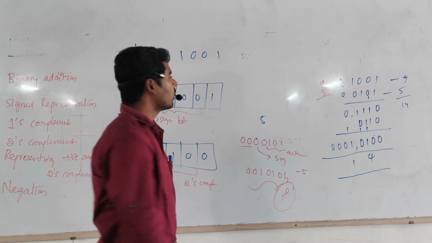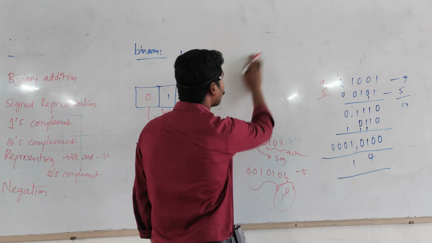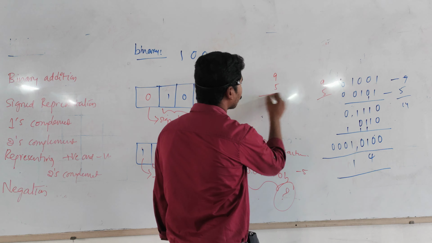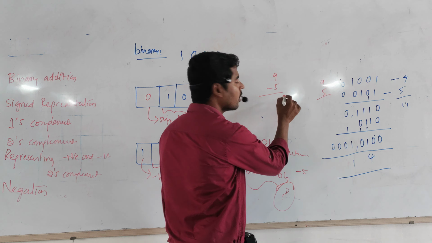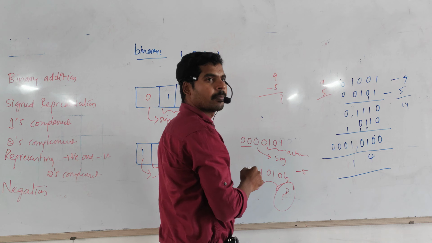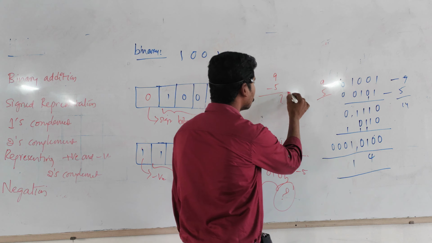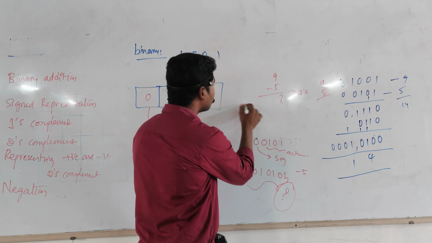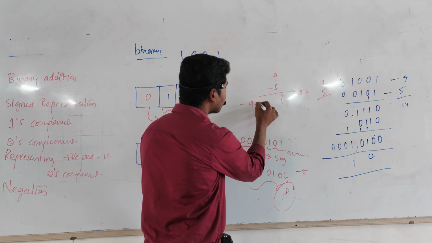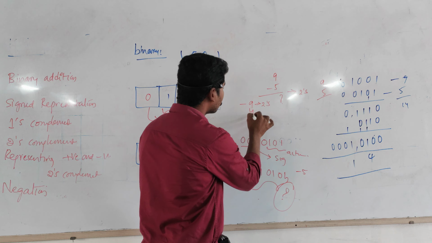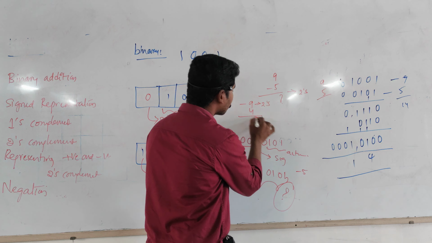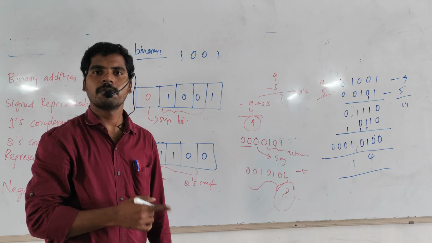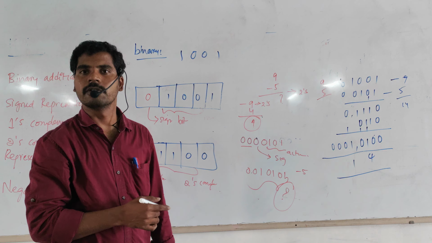Okay. As well as if you want to perform the addition of 9 plus 5, it is a negative number. What is the value? What is the procedure? With the help of a 2's complement. Suppose the 9 is in 2's complement, it is a negative number. If you want to perform this one, what is the result? That means if you are adding a small positive number to a large negative number.